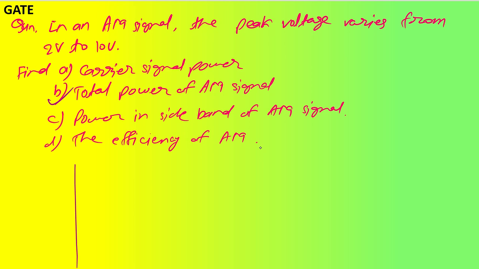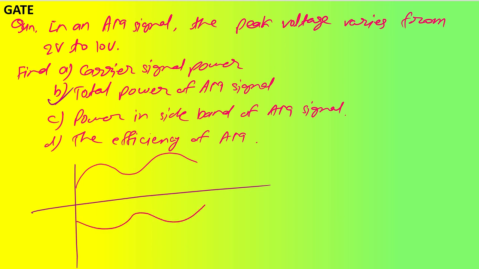I have already taught you this is the envelope of the amplitude modulation signal, something like this. You can see this is the maximum, A max, and this is the minimum, A min. As you can see, A max is equal to 10 volt and A min is equal to 2 volt.